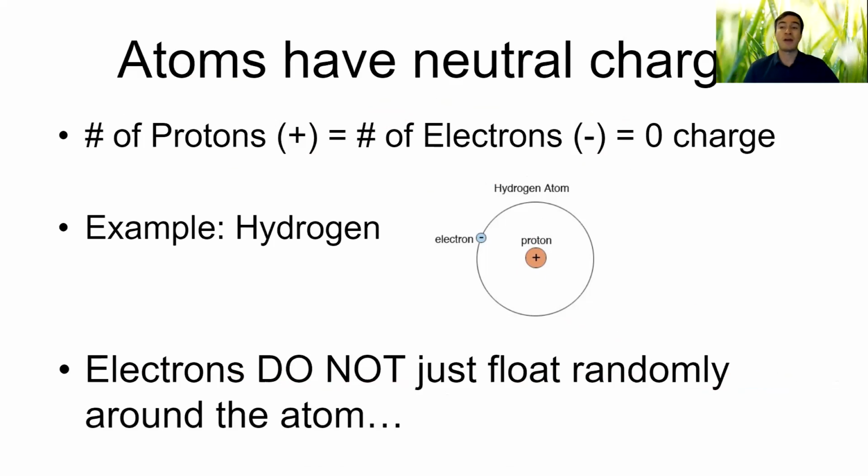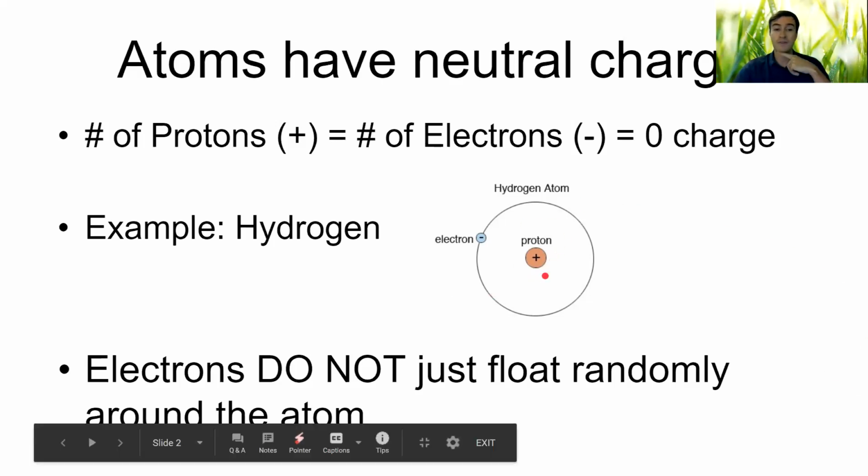So far we've talked about how they're not in the nucleus, they're kind of around the outside, and there's a specific way that they get arranged around the outside of an atom. They're not just randomly floating around, bumping into each other, doing this and that. They have a structure. There's an order to how the electrons will orbit or go around the nucleus of an atom.